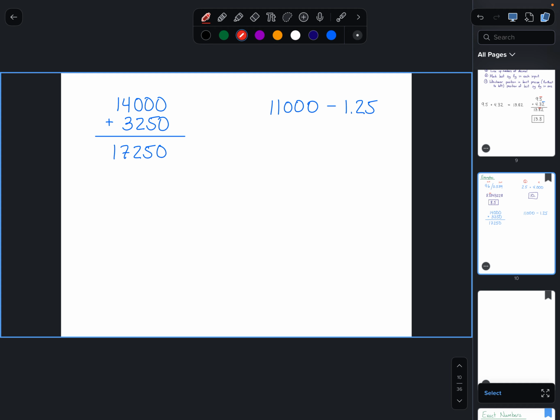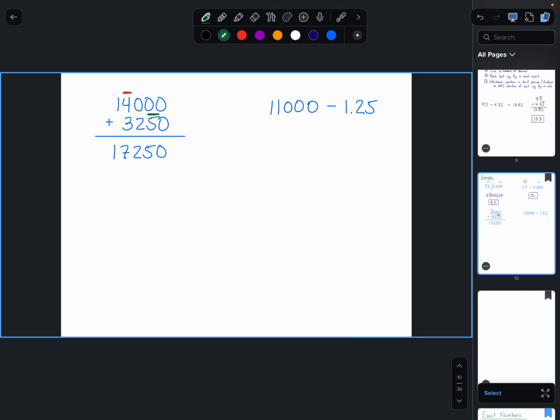It's about marking the last position in these inputs. So what am I going to mark as my last sig fig in 14,000? The 4. Why do I not count these zeros? There's no decimal point in that number, right? If there was, then all of a sudden I would count them, but there isn't. So I'm not going to count it. And what about in 3250? The 5 is my last sig fig.